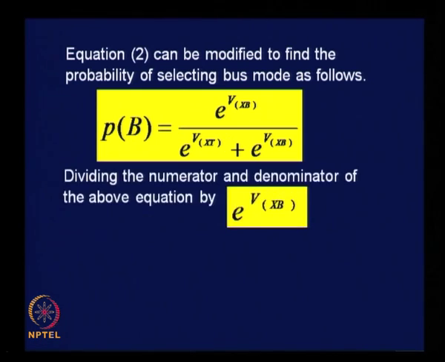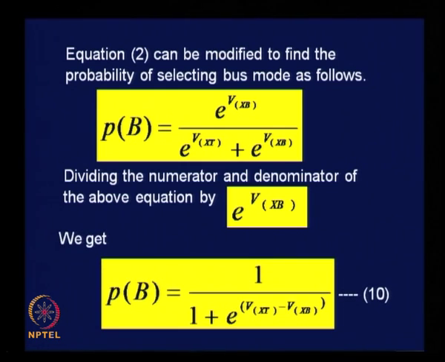Now, let us divide the numerator and denominator of the above equation by e power Vxb. We are dividing the numerator and denominator on the right hand side, okay, so that the value does not change, and if you do so you will get this result.